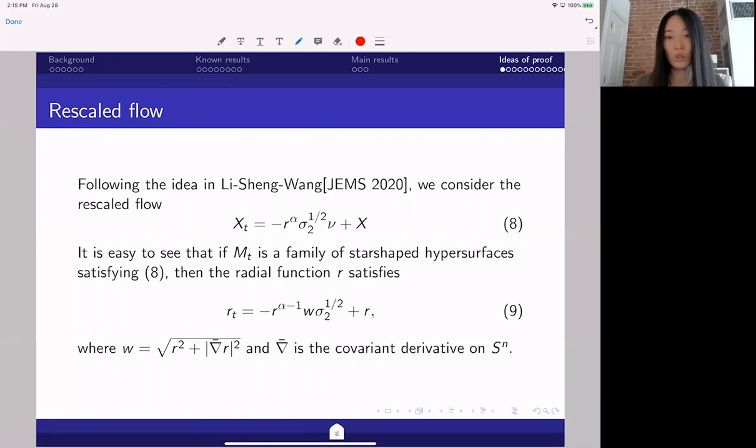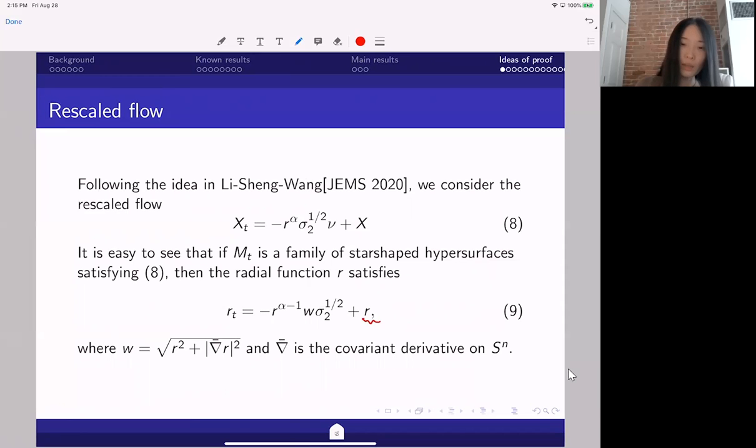In order to study the behavior of this flow, or any flow, typically we need to have a C0 estimate. In this case, the C0 estimate is a bound on r, and the C1 estimate is a bound on the gradient of r. The C2 estimate is the principal curvature estimate.